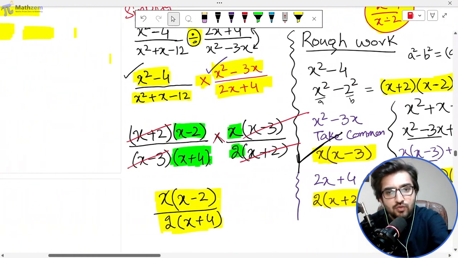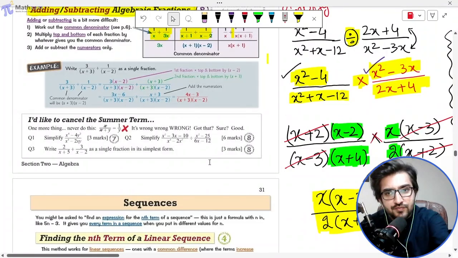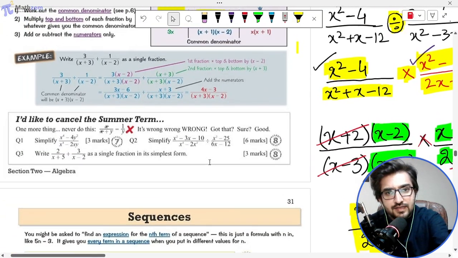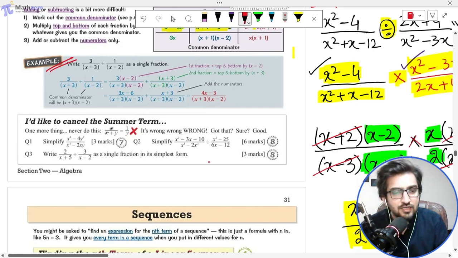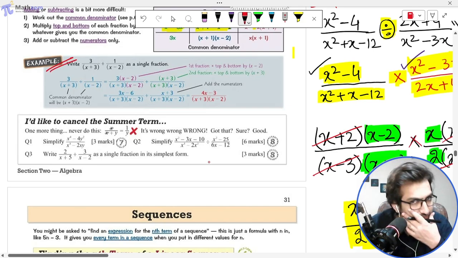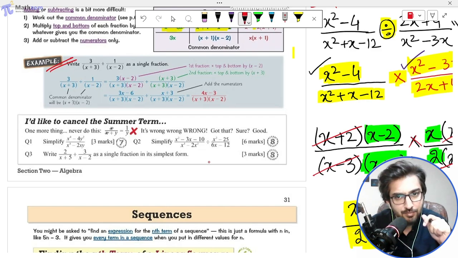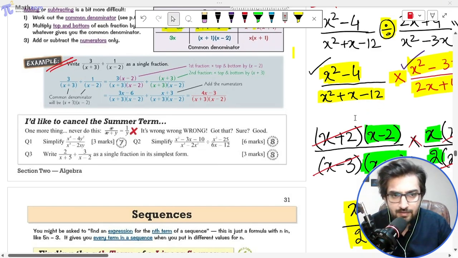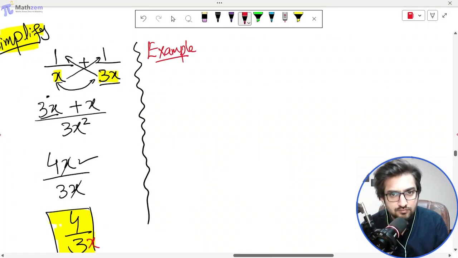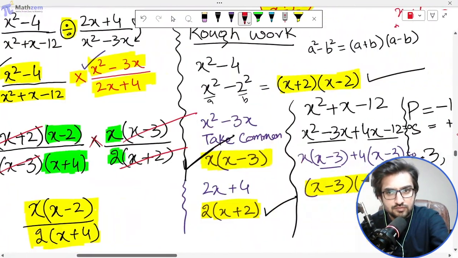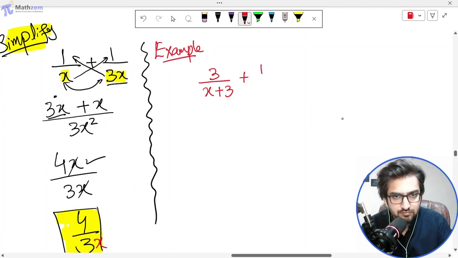all right, now let's solve another question that is again very important, and that is here. It says that write this as a single fraction. There is plus, so again we will apply the same concept, cross multiply. So let me write the question. So this is the question, let's solve it.